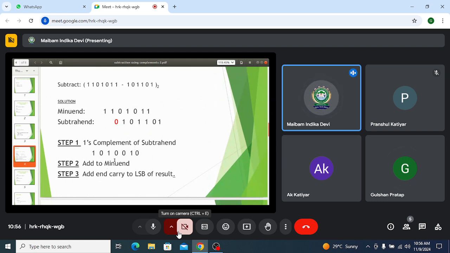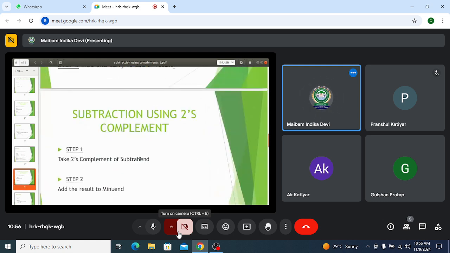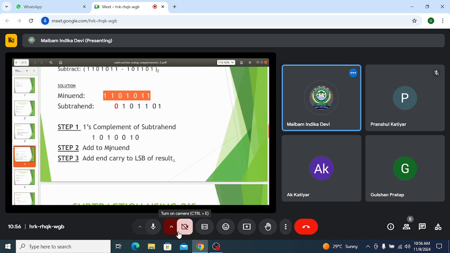Now in step 2, whatever value you get after taking one's complement, you add this to the minuend. This you have to add. So let's go with step 2.